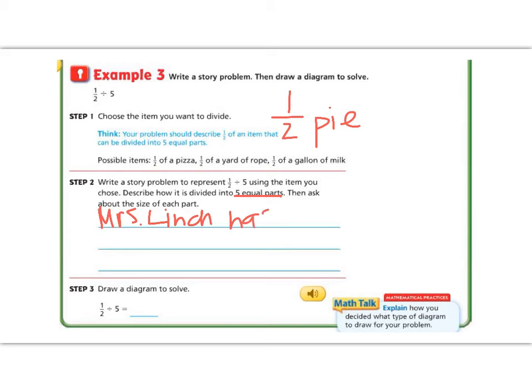So let's say, Miss Lynch has 1/2 of a pie.